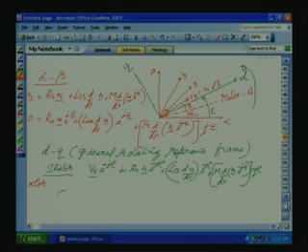For the squirrel cage motor it is zero. So then Rr IR e raised to j epsilon minus rho.